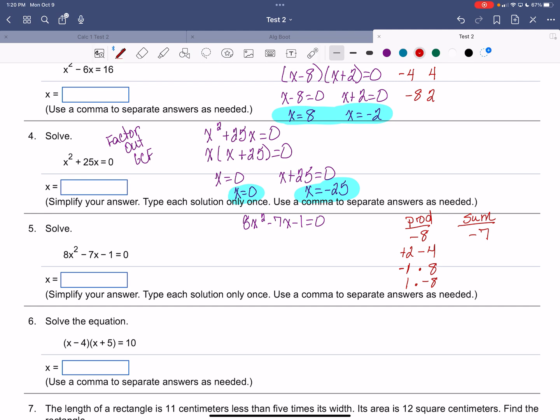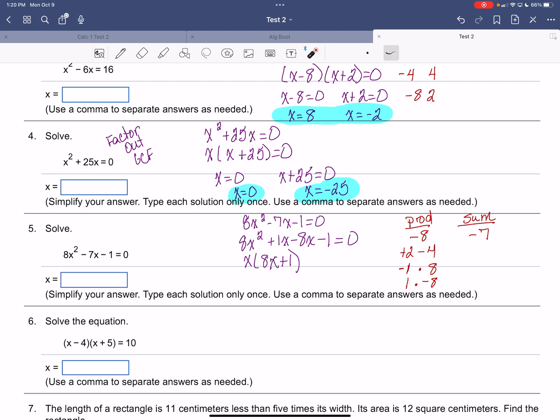Okay? So now I am going to split that middle term. So I have 8x squared, we'll do plus 1x minus 8x minus 1. Now you could have reversed those, which would have been fine. Okay. I'm going to pull out an x from the first two. So I'm going to have x times 8x plus 1. Okay, I just pulled an x out there.